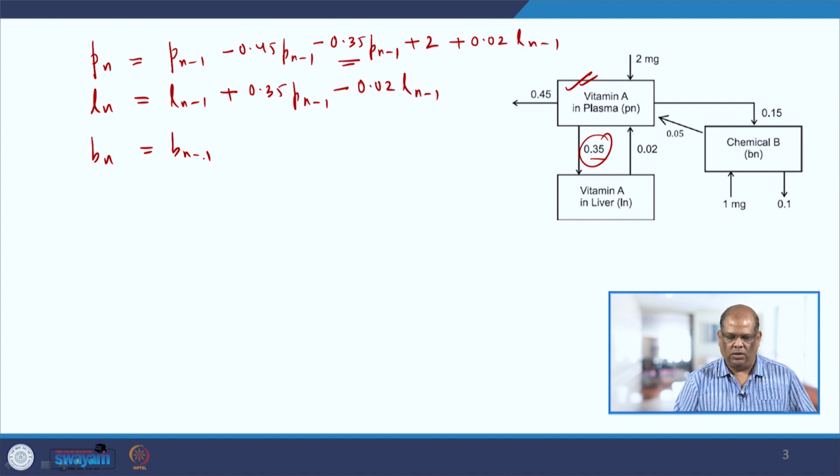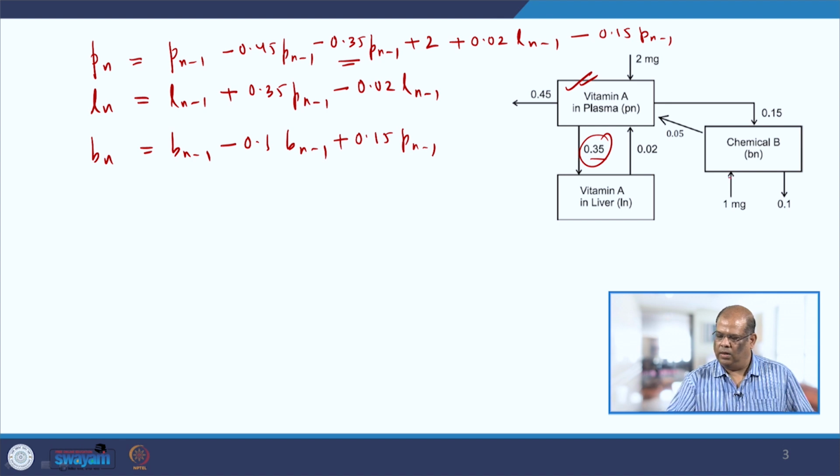Next, the chemical B: 10% is going out, so 0.1 times Bn minus 1 goes out. Then 0.15 is coming in, so minus 0.15 Pn minus 1 goes out from the plasma to chemical B, so plus 0.15 Pn minus 1.